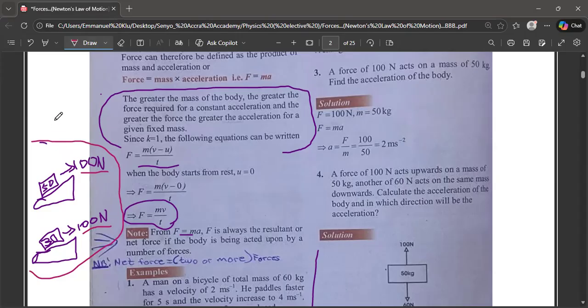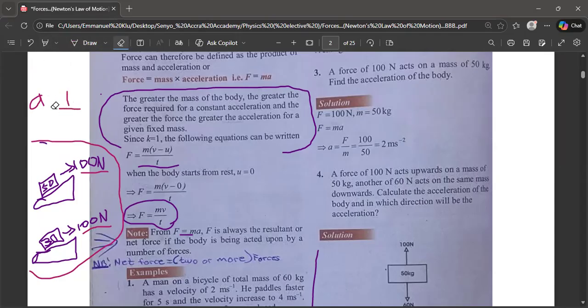So how do we speak physics? We are saying that mass is inversely proportional to acceleration, or that acceleration is inversely proportional to mass.